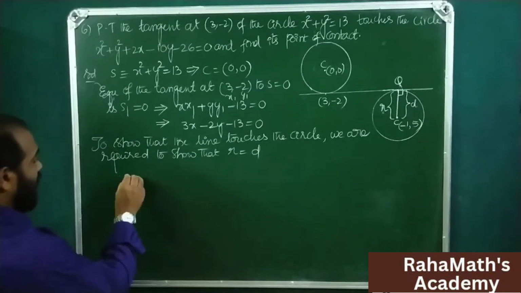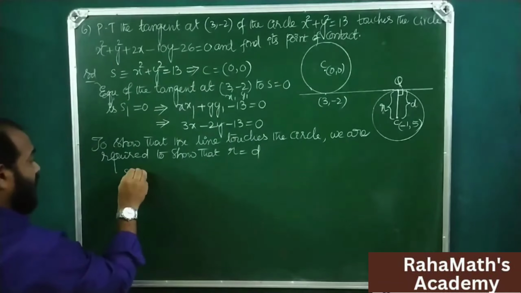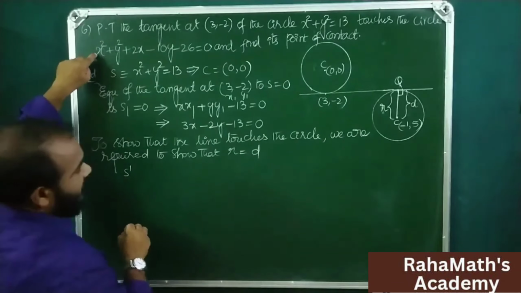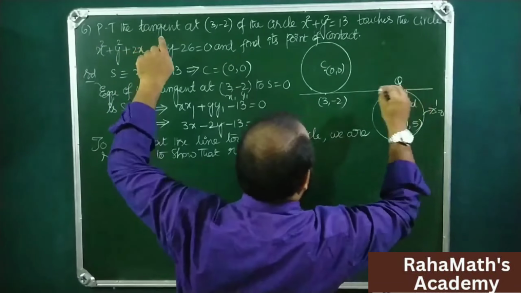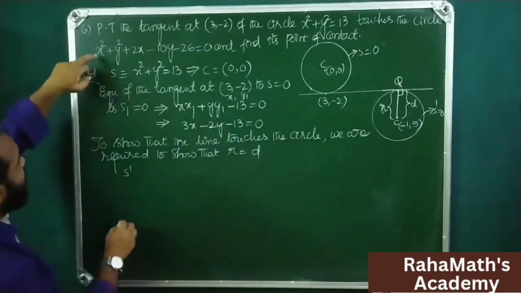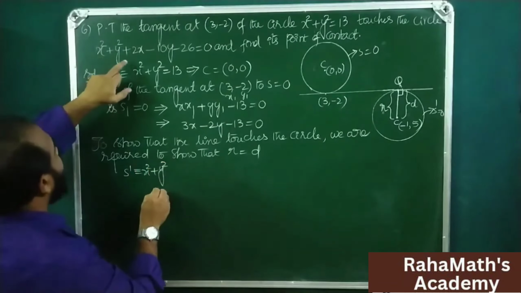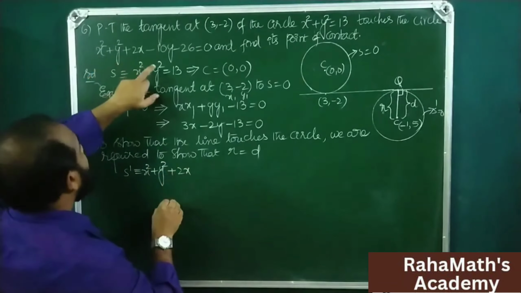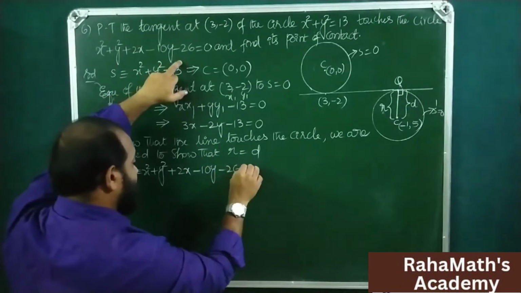So what is the other circle? Let us suppose that it is S dash equals 0. This is S dash equals 0 and this is S equals 0. So S dash is x square plus y square plus 2x minus 10y minus 26 equals 0.